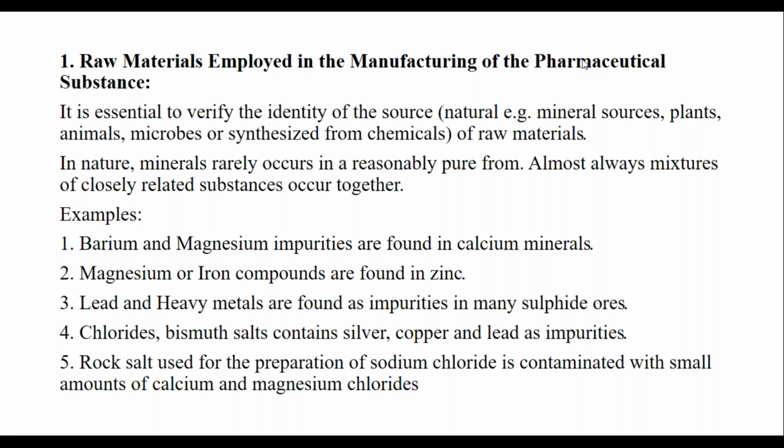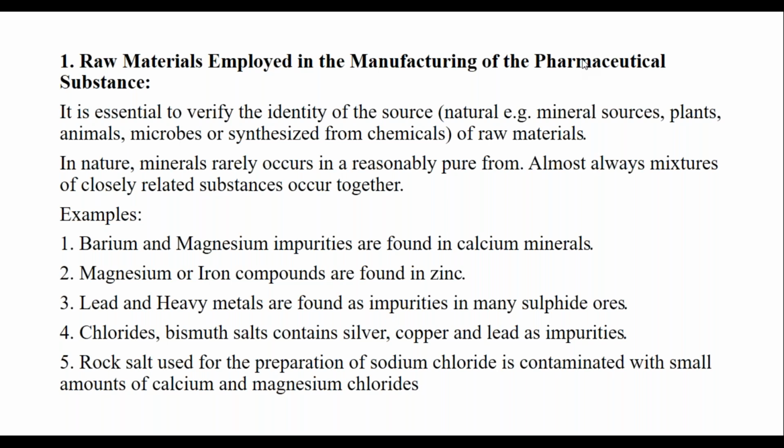You can see that barium and magnesium impurities are found in calcium minerals. The same way magnesium or iron compounds are found in zinc. So in these two examples, your barium and magnesium are the impurities which are found along with your calcium. The same way, magnesium or iron are the impurities which are found in zinc.